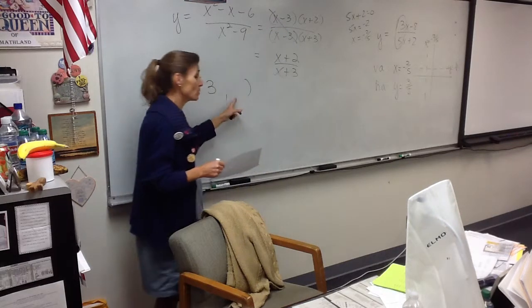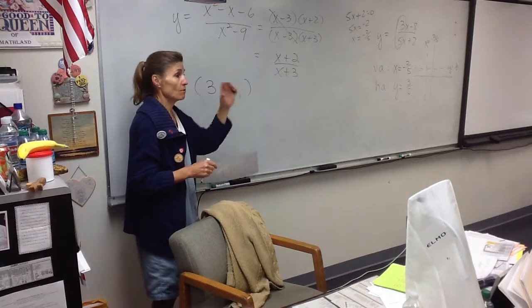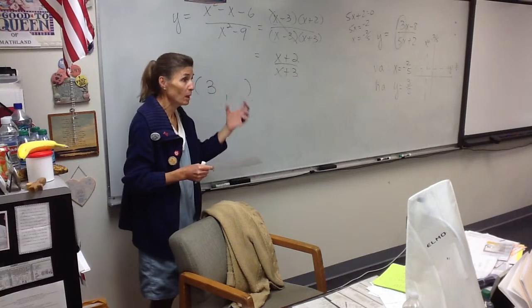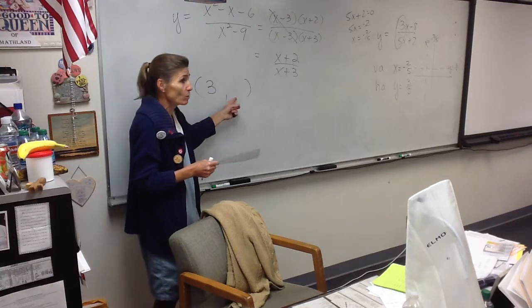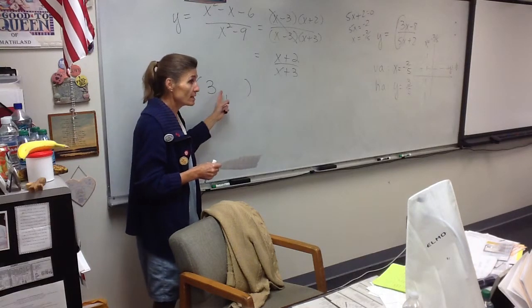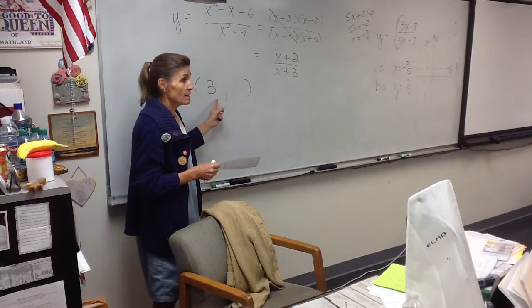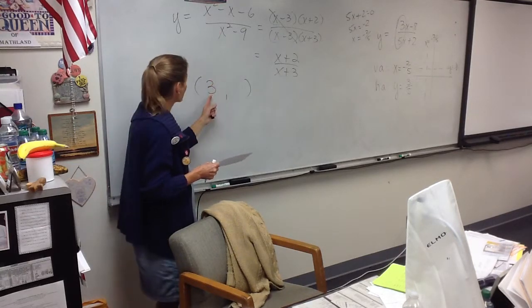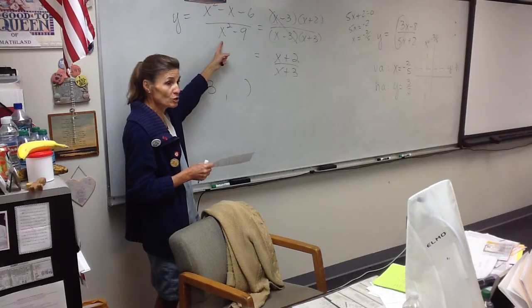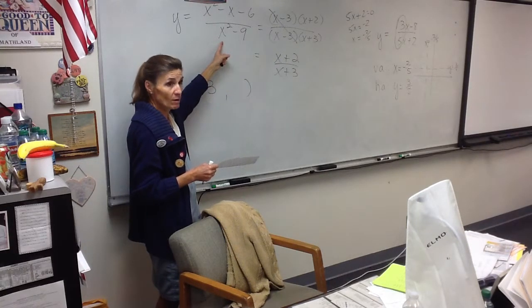Now how do you get the y coordinate? This is not enough. The hole is a point and it has to be plotted somewhere, so you need a y coordinate. How do you get a y coordinate? Plug in x. Now where am I going to plug it in? Please do not say the original problem, because what's going to happen if you put 3 in the original problem? You get a 0 in the denominator.